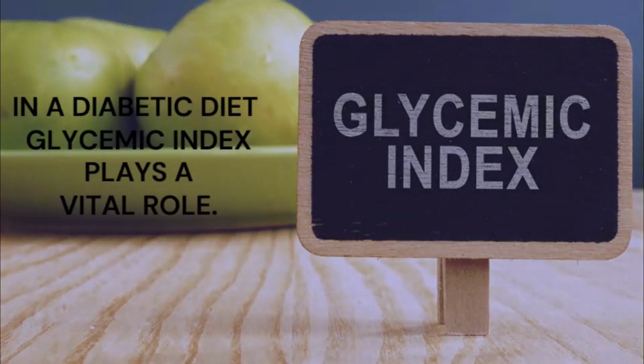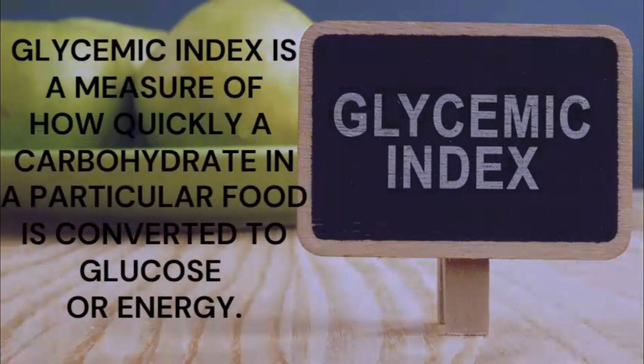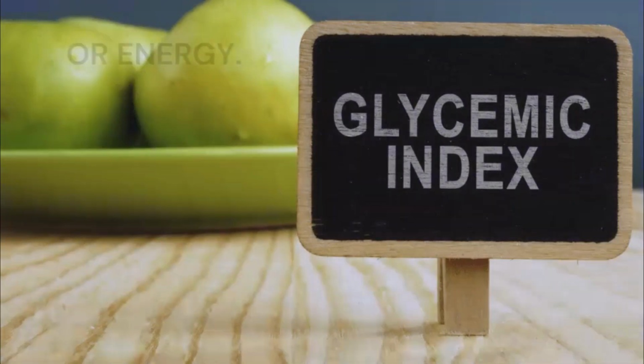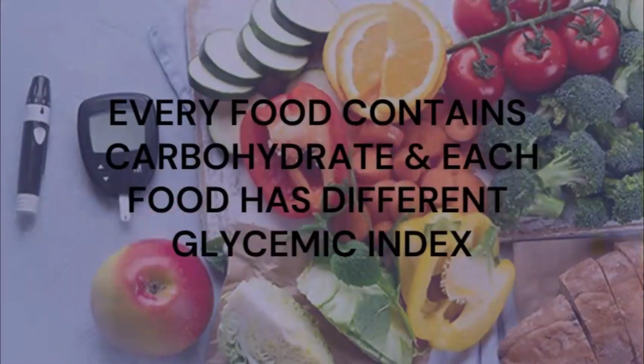In a diabetic diet, the glycemic index plays a vital role. Glycemic index is a measure of how quickly a carbohydrate in a particular food is converted into glucose or energy. Every food contains carbohydrate.